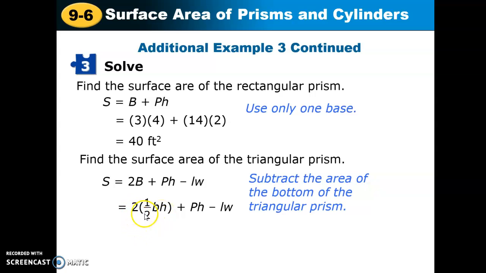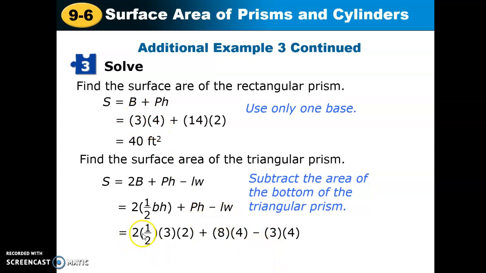Okay, so we're taking 2 times the base of the triangle, which is 1/2, 3 times 2. We're going to take the perimeter of 8, multiply it by a height of 4, and then we're going to take one of those sides away. So the 3 times 4, one of those sides, that's the same thing as up here, right? We're going to take that away.